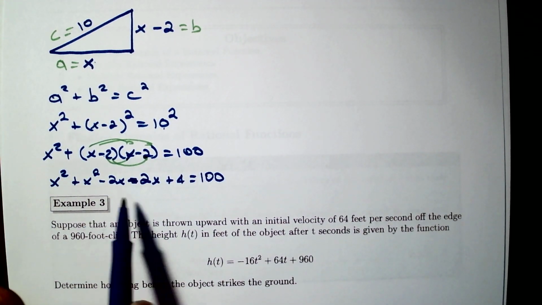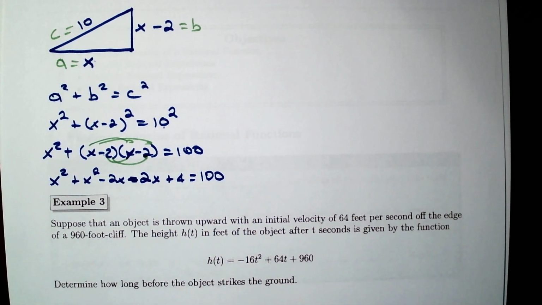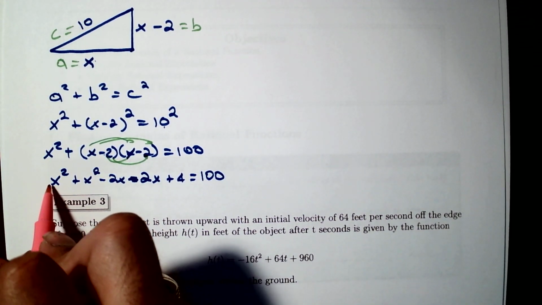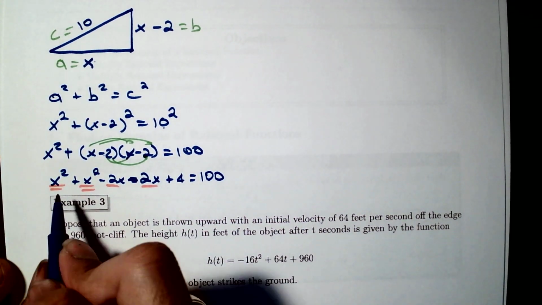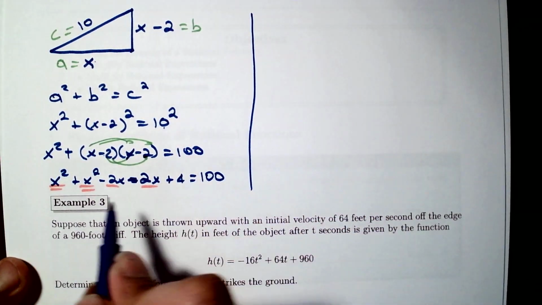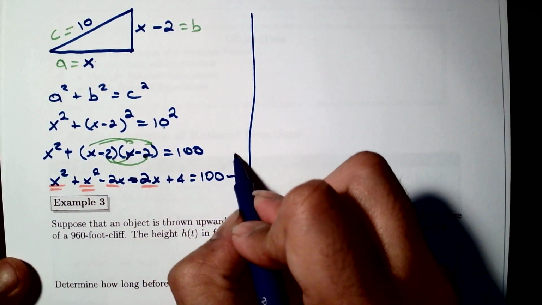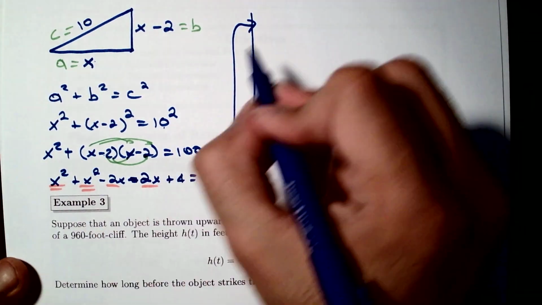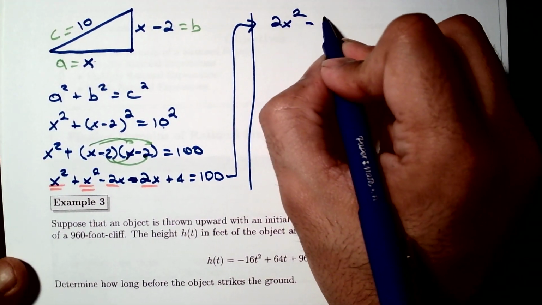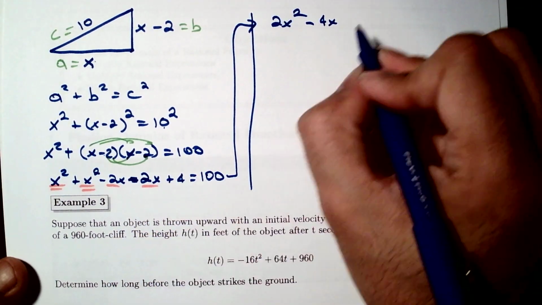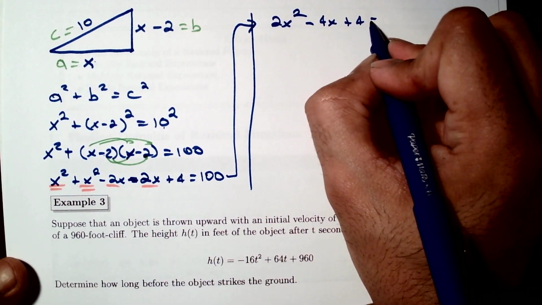All right, it looks like we have a lot of terms to combine. So x squared plus x squared takes us to 2x squared, and then negative 2x minus 2x, that's a negative 4x. And then plus 4 equals 100.